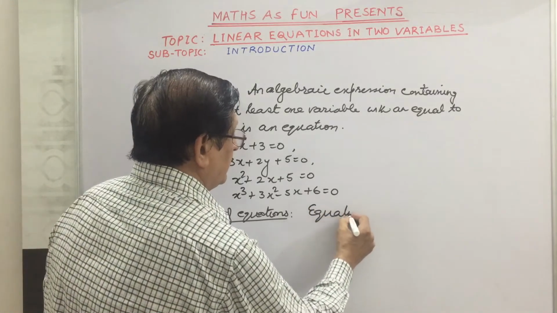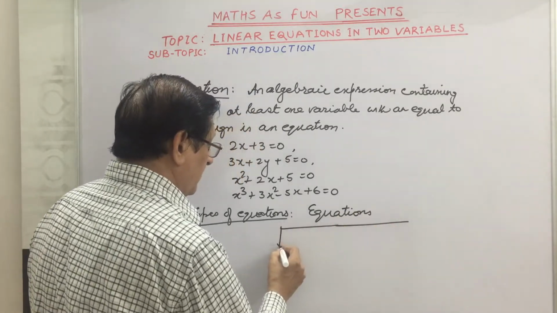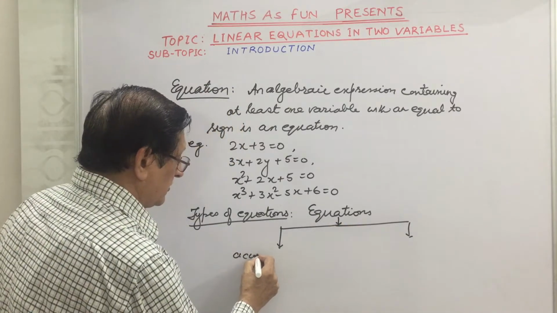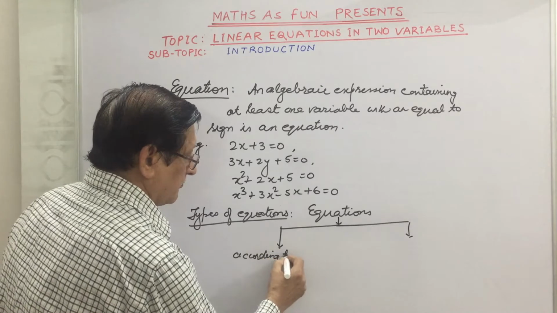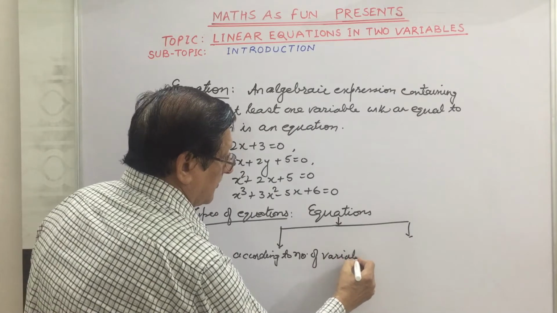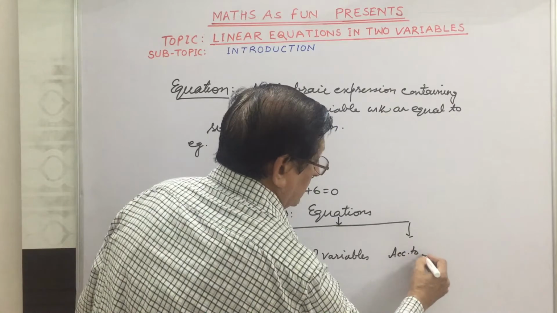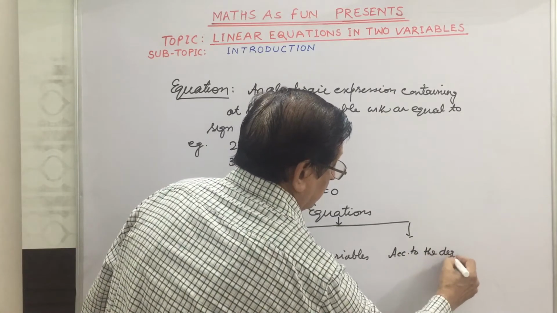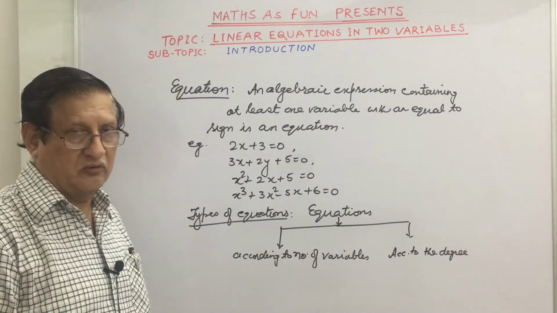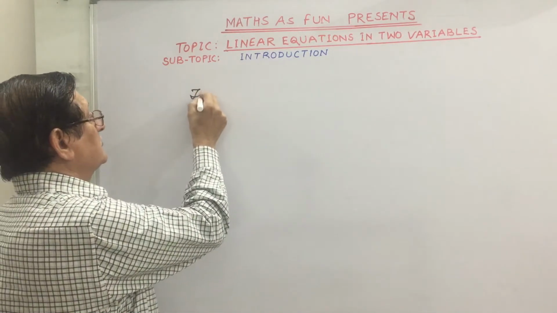Number one, according to the number of variables, and number two, according to the degree. Let's learn about that now, how we are classifying the equations. Now we learn about types of equations.